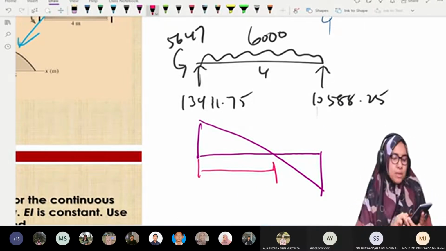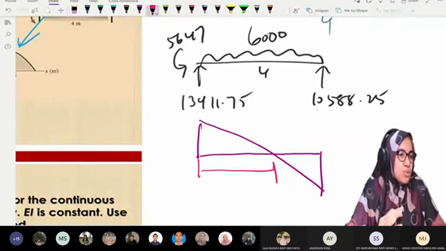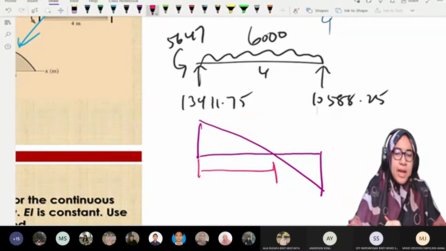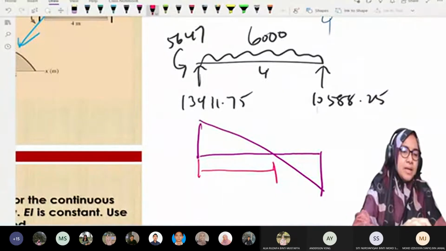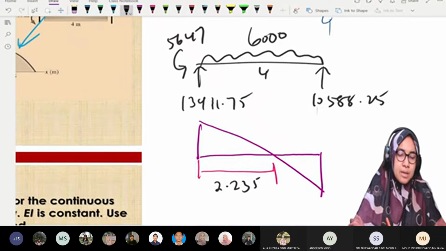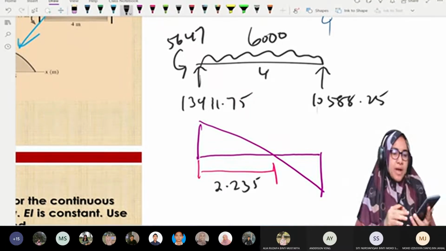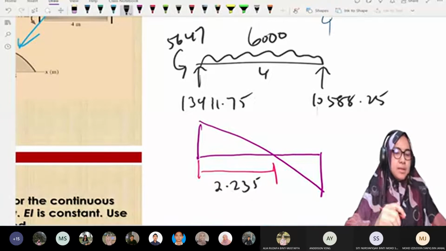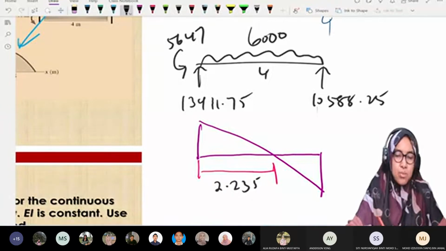Okay, means that 13411.75 divided by 6,000. Okay, we get 2.235. Okay, length yang ni 2.235, and the other half is 1.765.